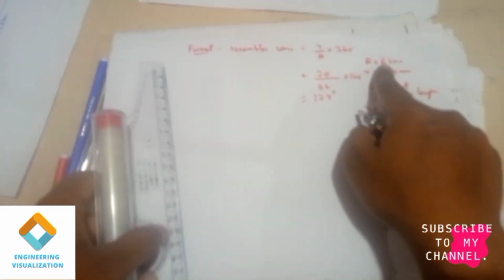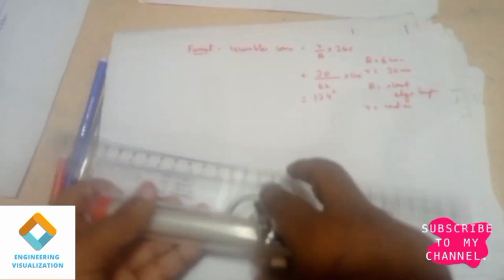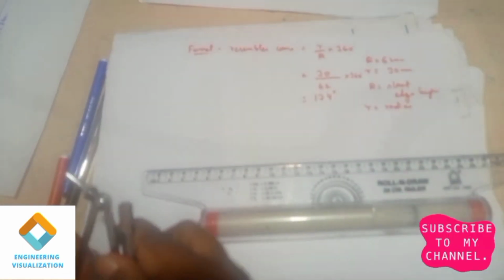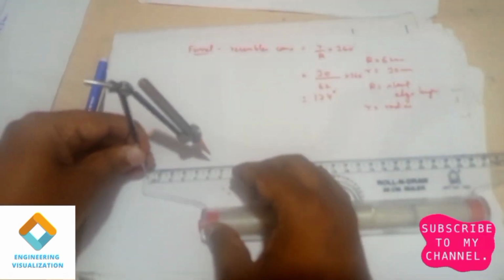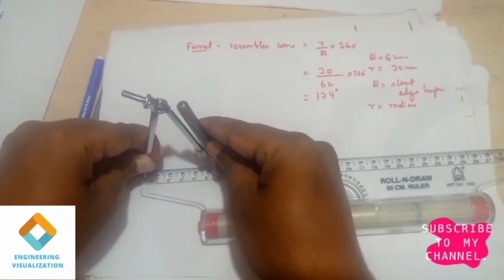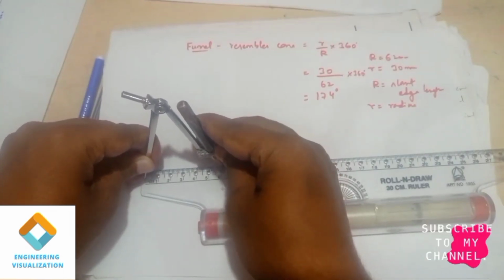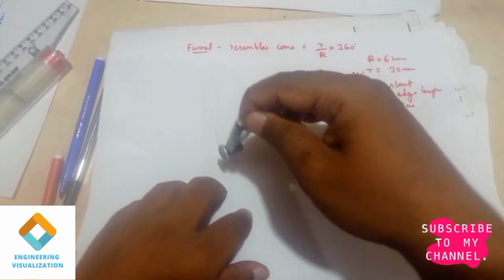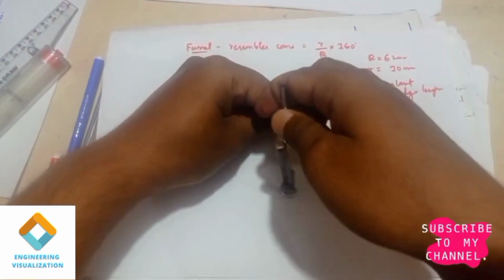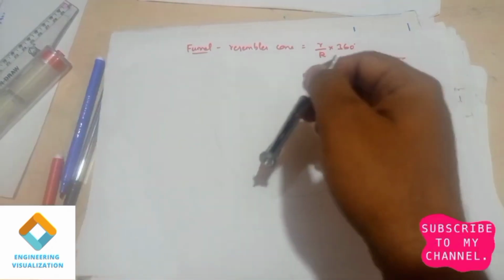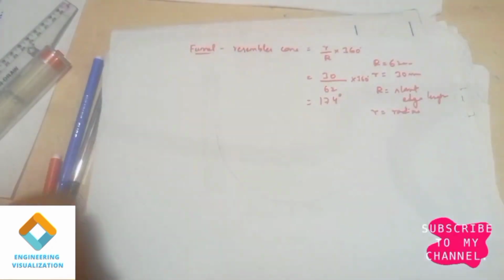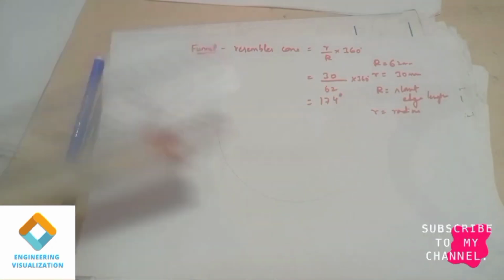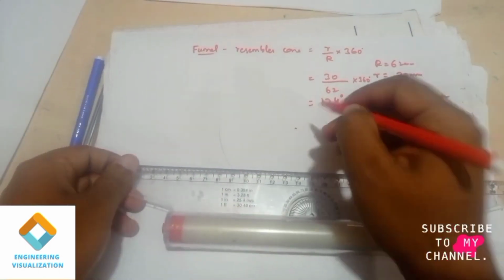So capital R we know is the slanted edge length. I'll be drawing one horizontal line, using a compass, or you can draw a straight line also. So take 62 mm and draw an arc here, a curve here. Some semicircle type we need to draw, because here the angle is 174 degrees, right? So now you can join this.